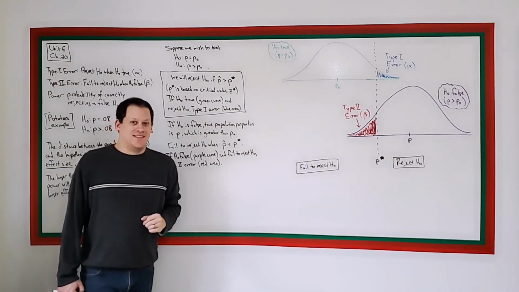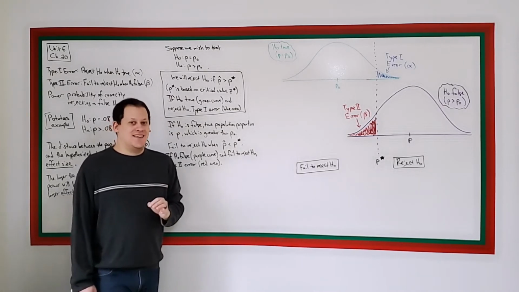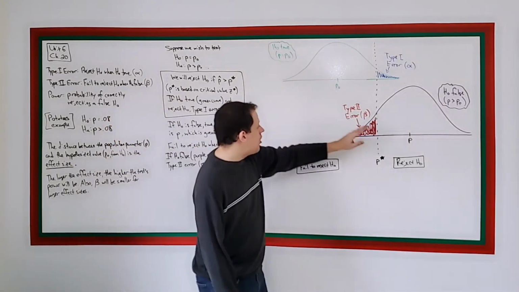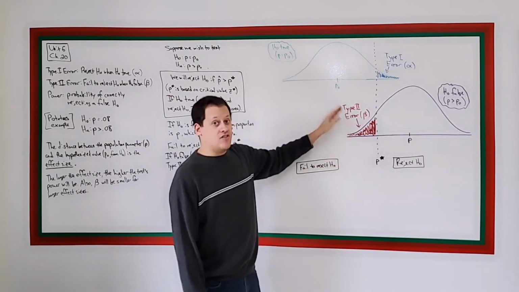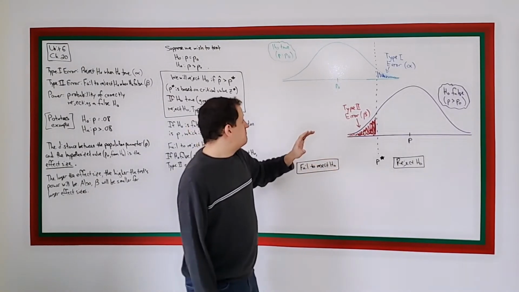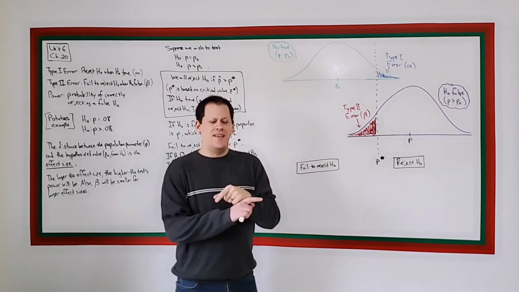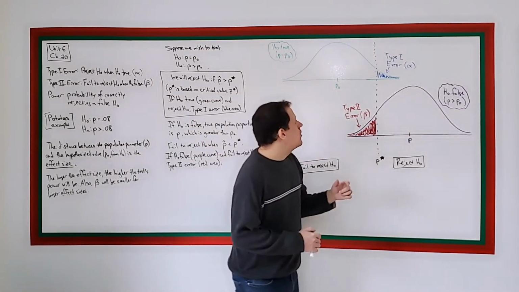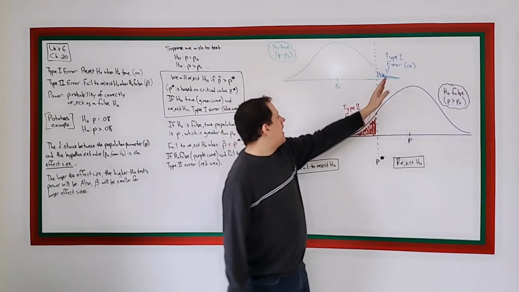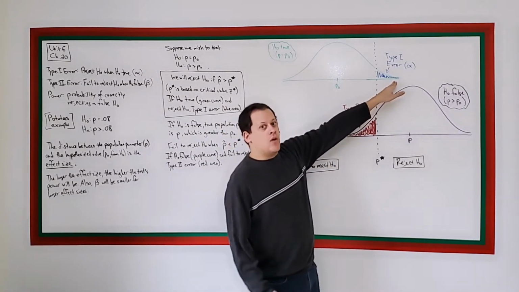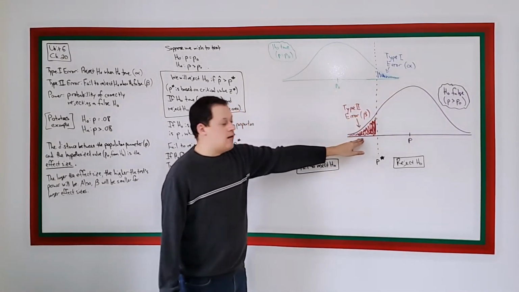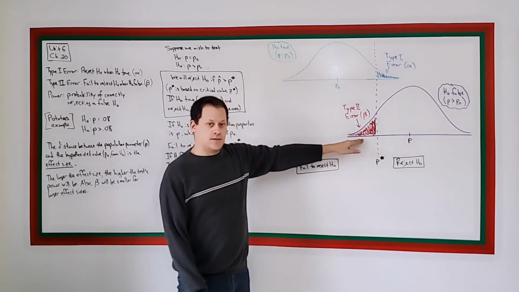And at this point, you can see that as long as these curves are where they are, and they are the shape that they are, if you increase one, you're going to have to decrease the other. And the other way around. So say for a given test, alpha is 0.05. Your probability of type 2 error is whatever this is.